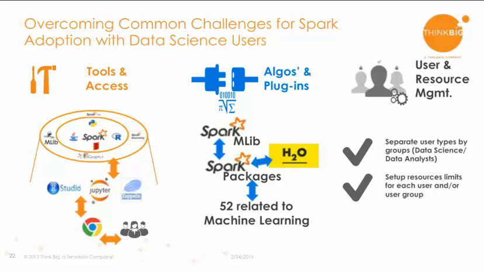Finally, user resource management. You need to make sure that you provide the right access to the group of data science or analytics people that you have in your company, but you also need to manage and control and have the right governance in place for them. Otherwise, if you don't think through that process when you are enabling that, and perhaps a data scientist writes a loop that is using all the memory of the cluster, all of a sudden your production process may not be running as a result.